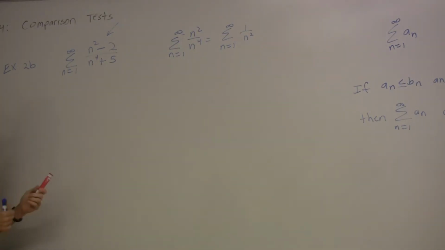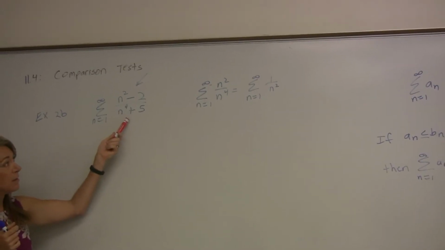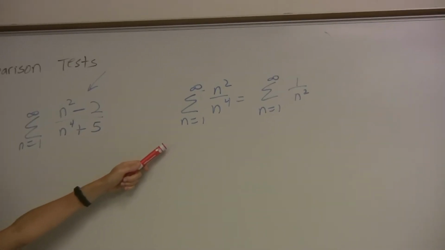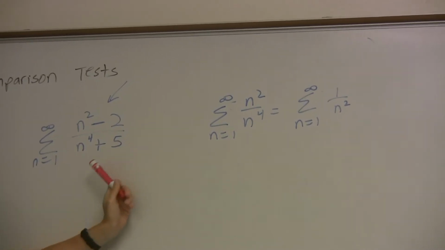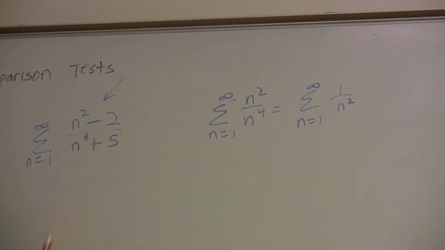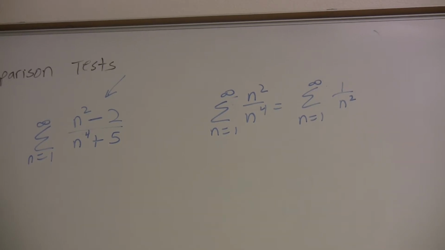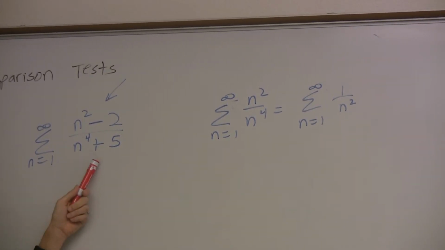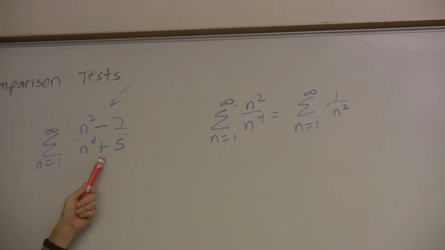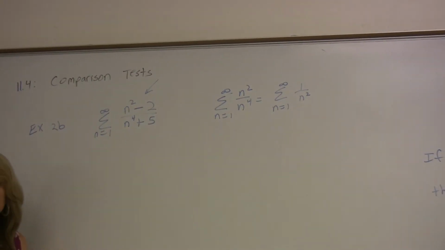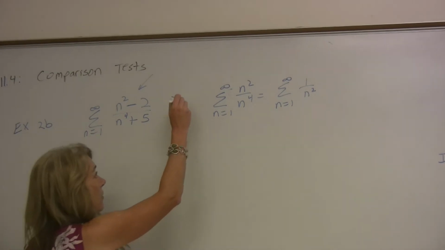Just simplifying. How does our series compare to that one? Is it bigger or smaller? Smaller? Why? Because the denominator is larger and the numerator's smaller, right? So both of these make it smaller. Well, that's a less than for sure.